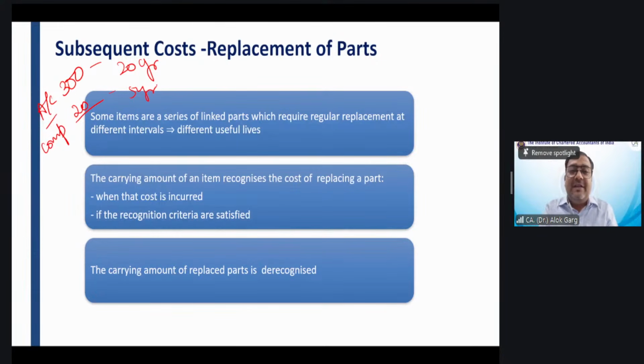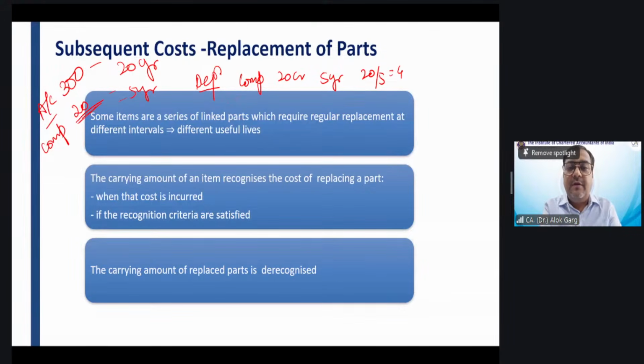Don't you think if this component is going to be replaced after 5 years, we know that this component will survive only for 5 years. So this component should be depreciated. Component 20 crore, life 5 years, right? So depreciation is 20 divided by 5 every year, which is 4 crore.